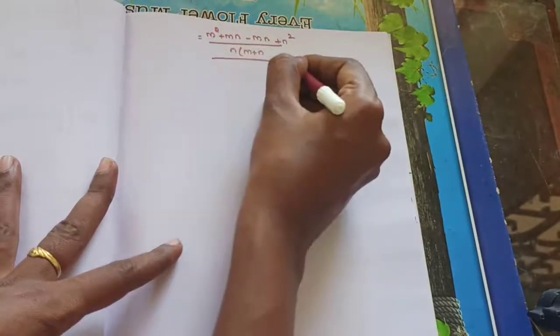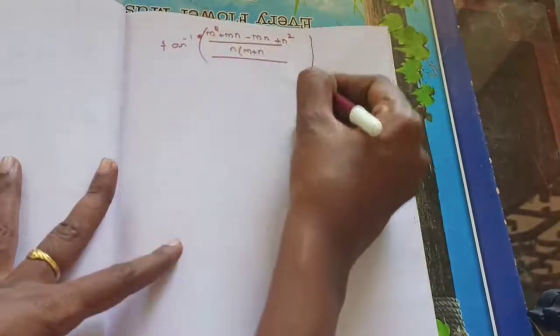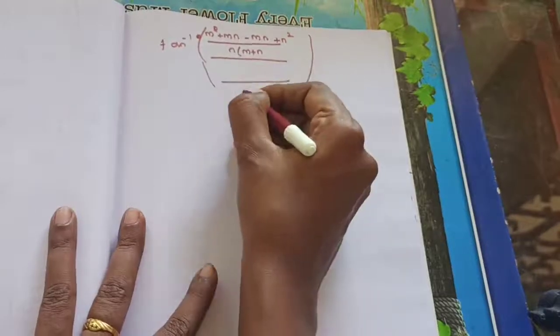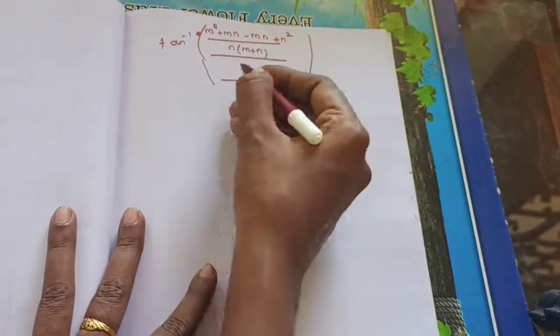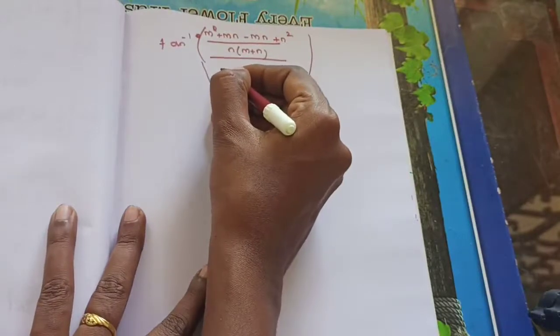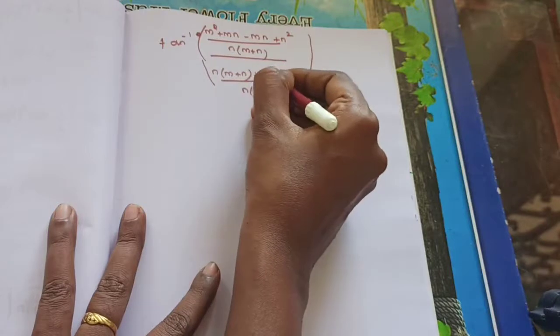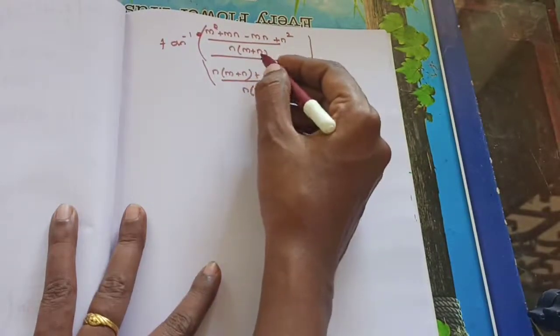Then the same in the denominator, outside tan inverse. In this denominator, n into m plus n. Okay, so in the numerator, what will happen? For 1 you need to take the LCM. So n into m plus n plus m into m minus n. Okay, so these two terms will get cancelled, correct?